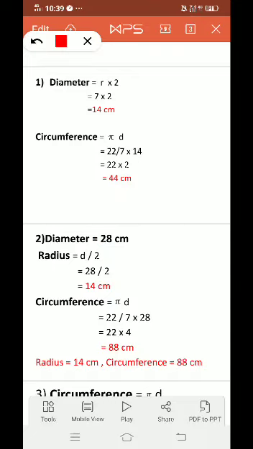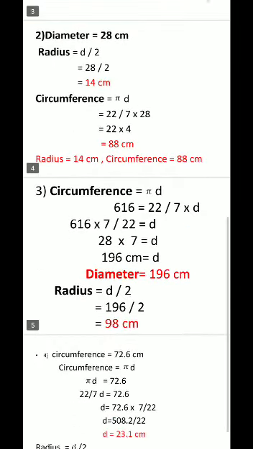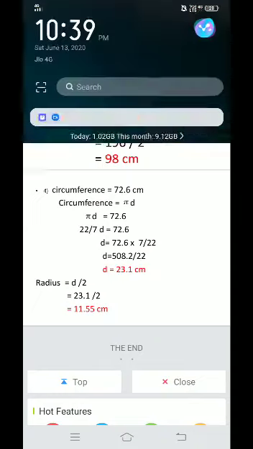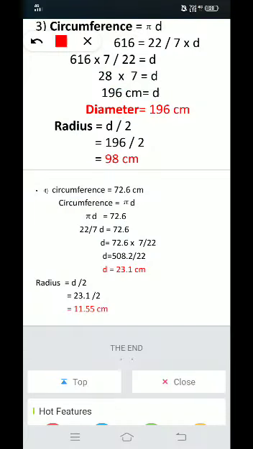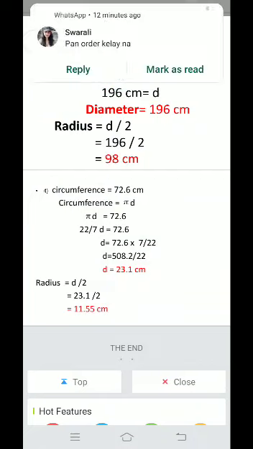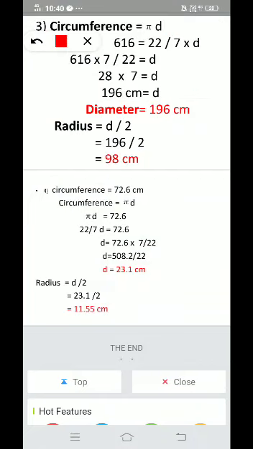Okay, now see, now we will move to the next sum. Next sum is regarding the circumference. They have given you the circumference and you have to find out the diameter. Okay, circumference is pi d. Same formula we are using here. Circumference you have to mention, and pi value is 22 upon 7 multiplied by d.